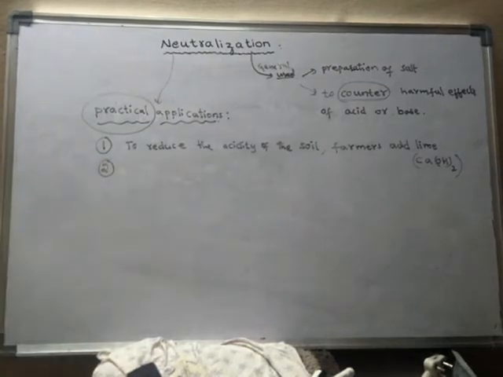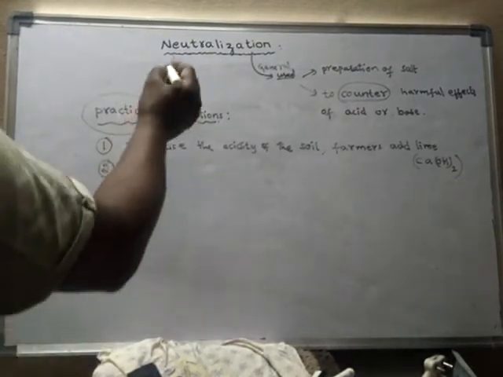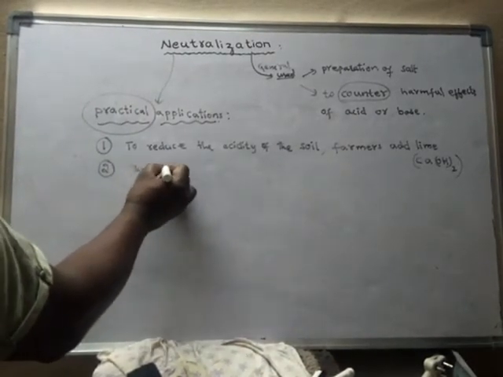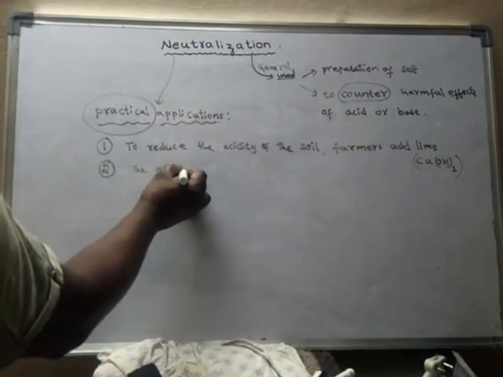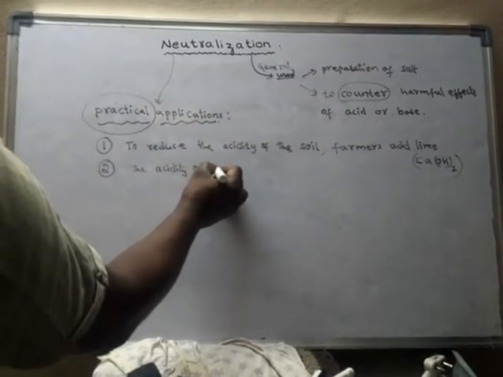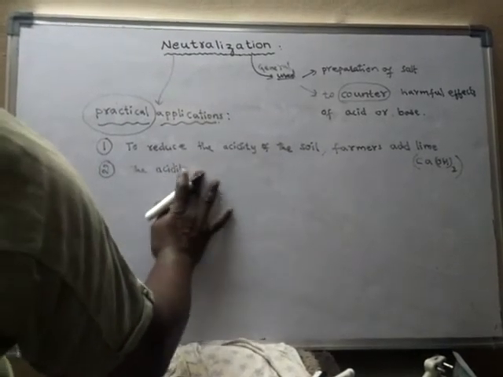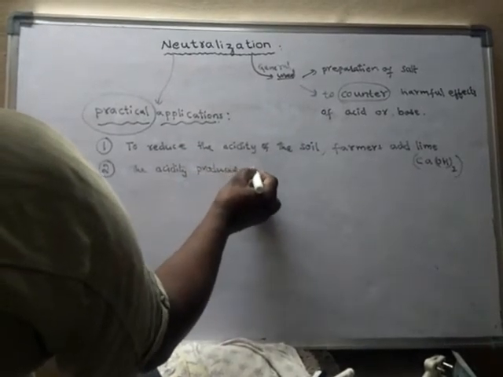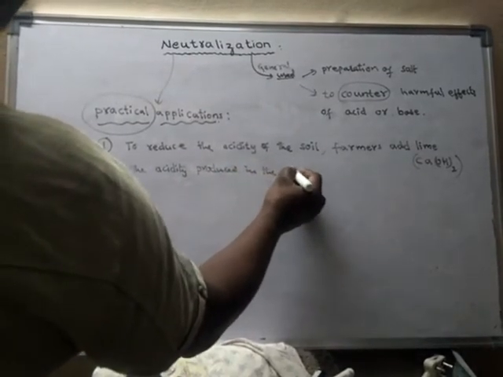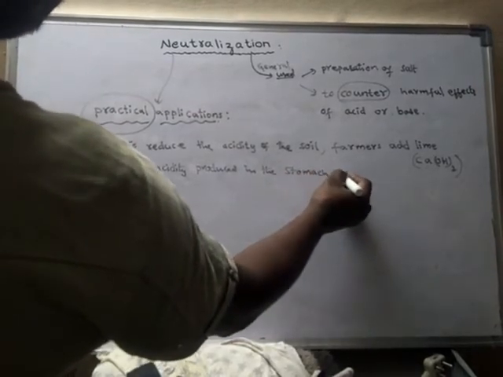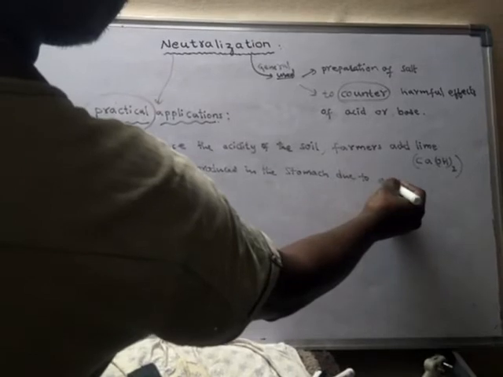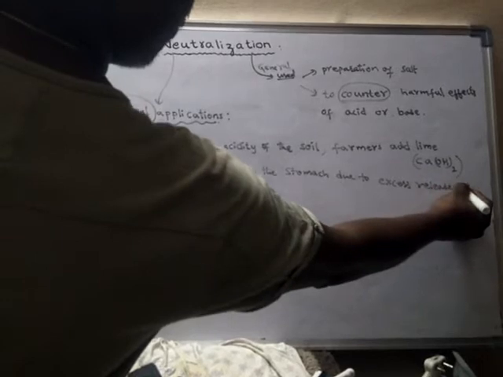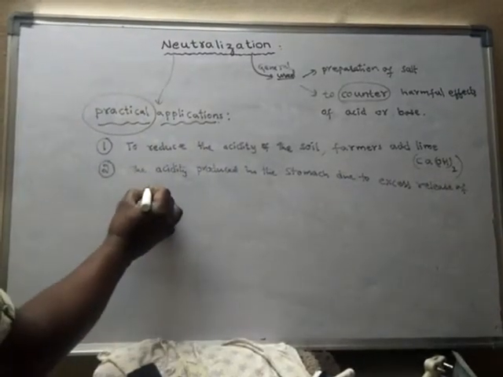One more practical application we will learn. Here, what happens? The acidity produced in the stomach is due to excess release of HCl.